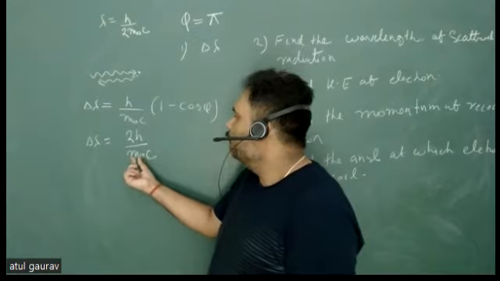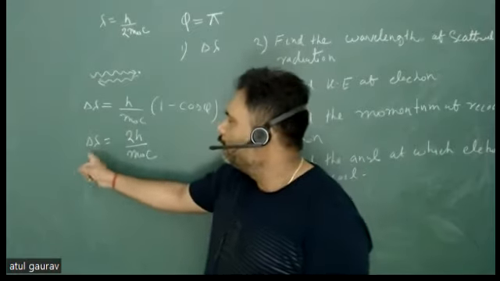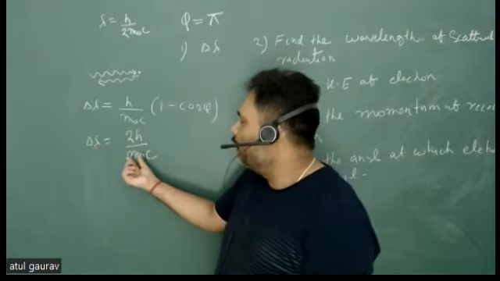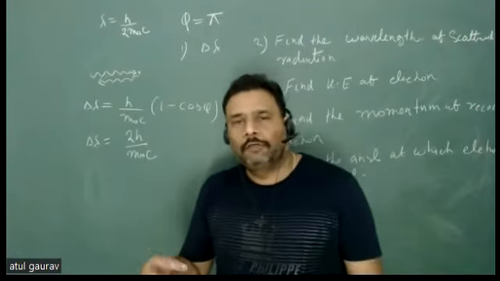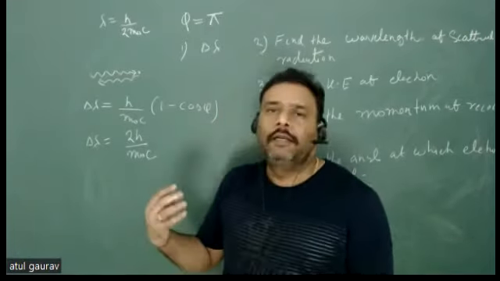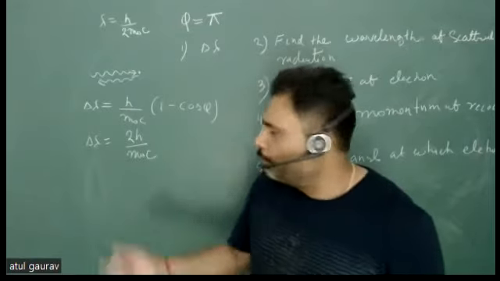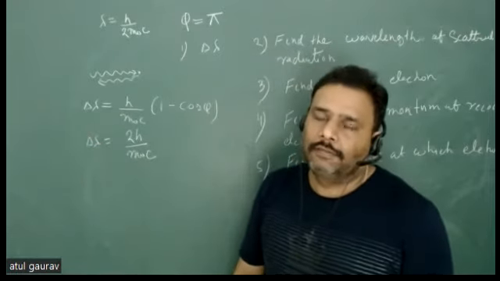Okay. I can also discuss one more thing. If I increase the value of m naught, then delta lambda will decrease. So for a bigger m naught, suppose we are talking about molecules, or dust particles, or some bigger mass, this Compton effect is not visible.